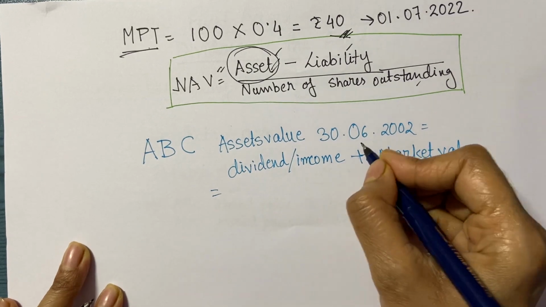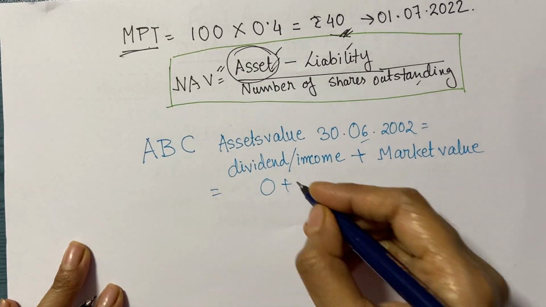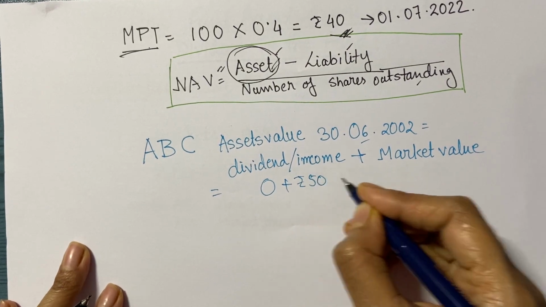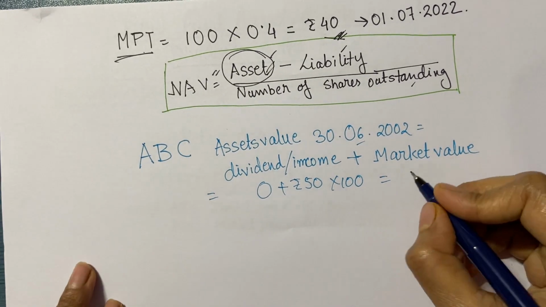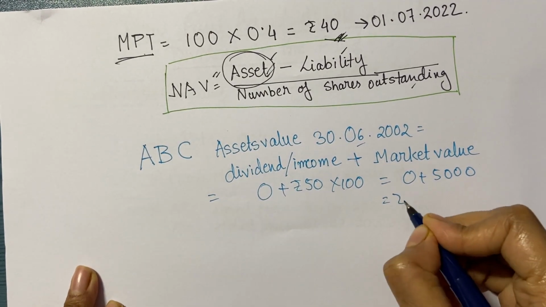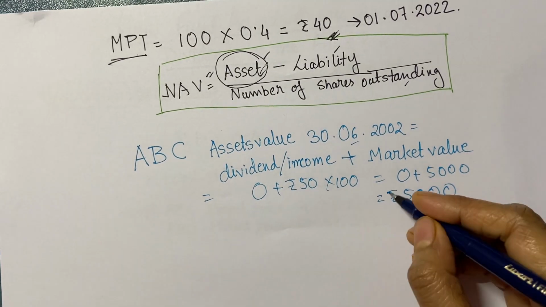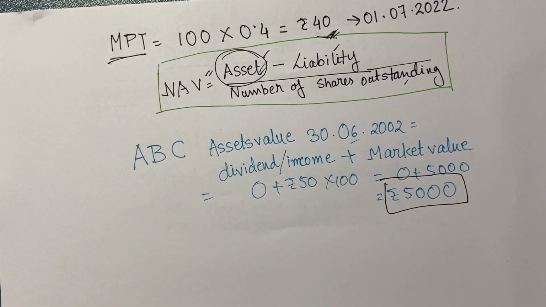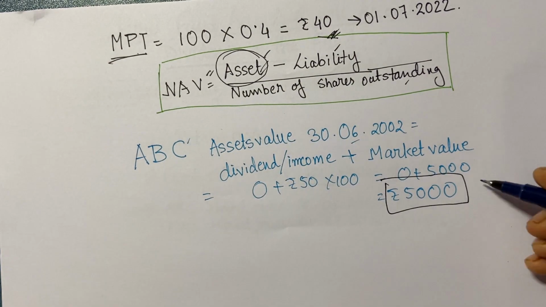So on 30 June, what is the dividend? 0. I don't have any dividend. What is the market value? 50 rupees into 100 shares. So it is going to be 0 plus 5,000. That means 5,000.